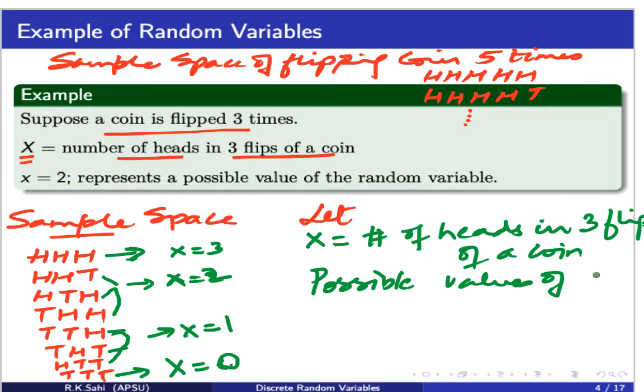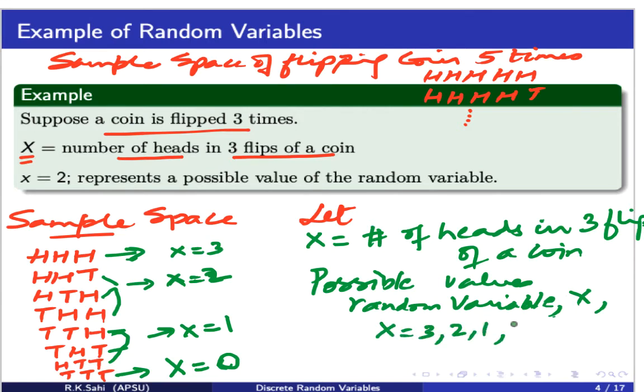So what are the possible values of this random variable X? This X can be 3, can be 2, can be 1, and 0. So all the sample space, which we had to literally write down, is written in this little short form.